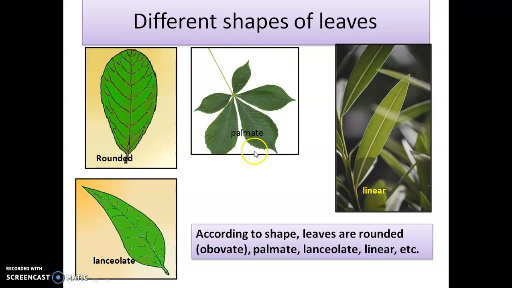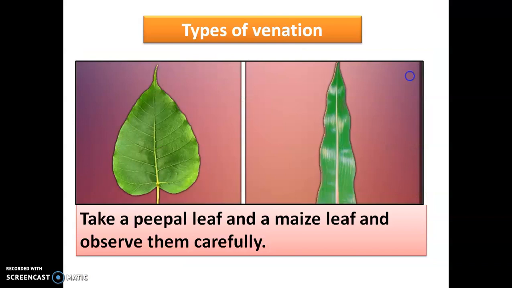See what the shape of the leaflet is. Then we have lanceolate. This is a lanceolate type of leaf where you can see that the end is tapering or pointed. And then we have linear. In linear also you see that the leaf margin or leaf tip is a pointed end. So these are the different shapes of the leaves that we have.